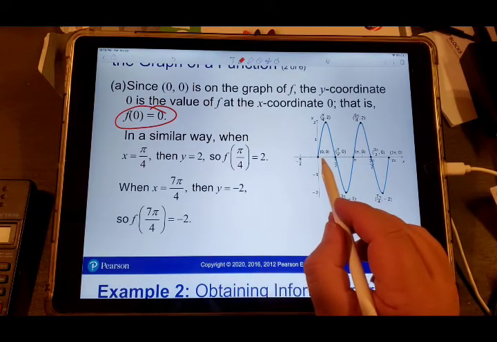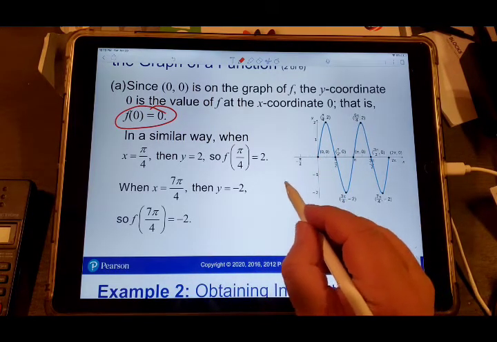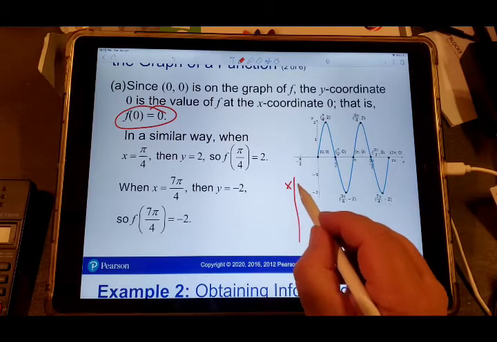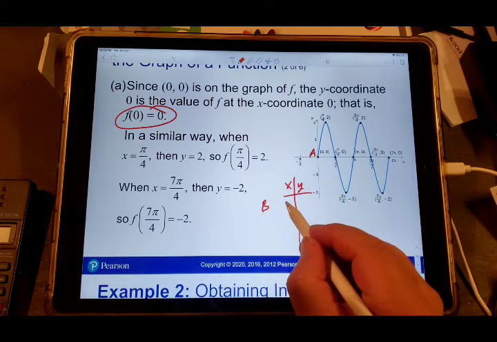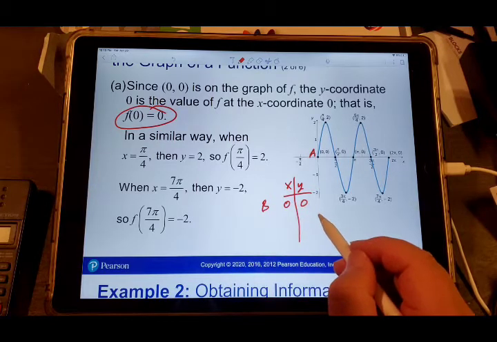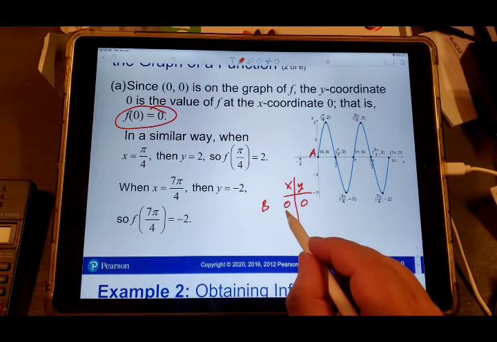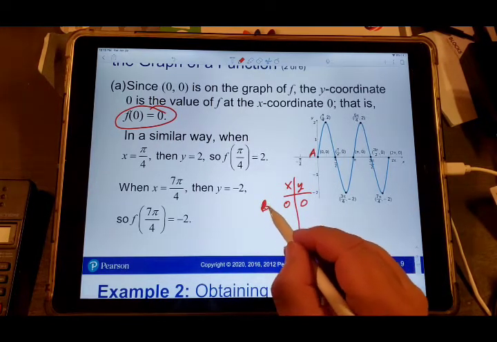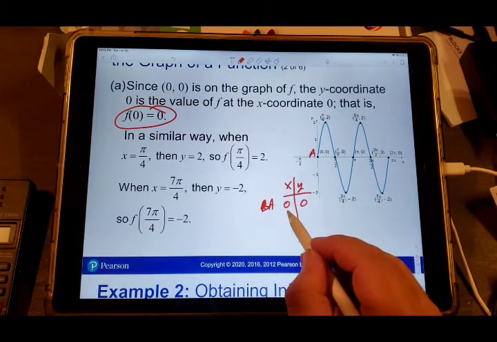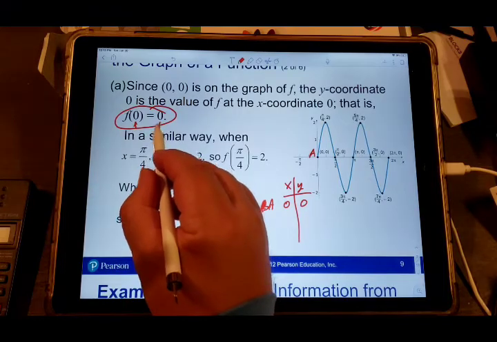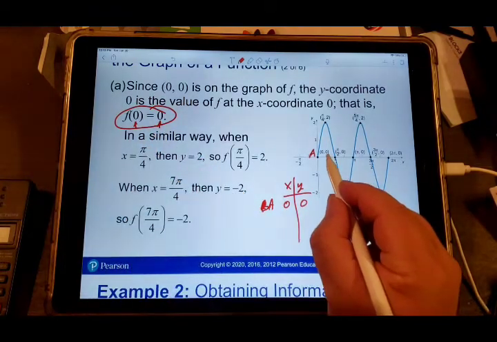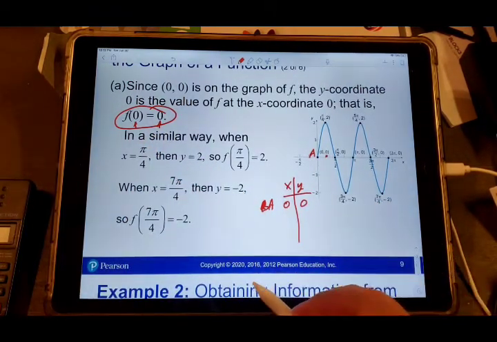All we have is a picture. So you have to look at this, and I like to think of it this way, what if I had a table, and this was point A, the table would be 0, 0. What that means is when I put in 0 for the argument, I get 0 for the result.